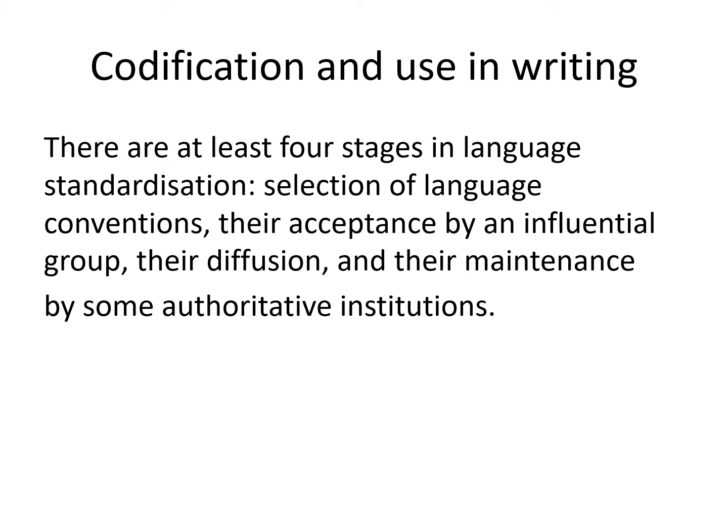And then there's the acceptance of those standards and guidelines. And then there's the spread of those guidelines, norms, and parameters. And after diffusion, there is effort done by some authoritative institutions to maintain that level of accent or those different standards.